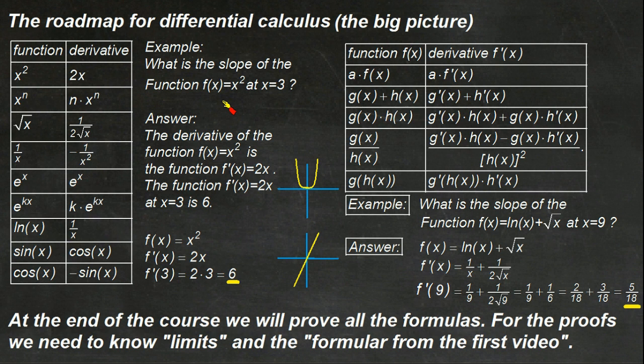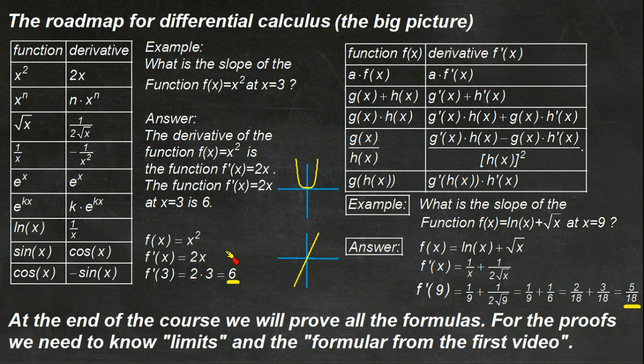Where can I find the derivative of f of x equals x squared? In the table. I look in the table and the given function is x squared, and the table says the derivative is 2 times x. So I write my function is x squared and the derivative is 2 times x.